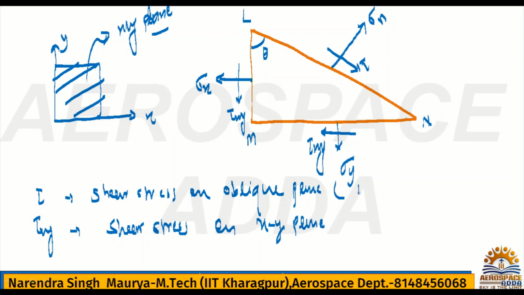So on oblique plane ln we have shear stress, which is nothing but tau. All right, now guys, because this derivation is now going to be very lengthy, if I will take sigma x and sigma y, if you check my previous case, only sigma x and sigma y I had taken and I had derived, so you got sigma n and tau value, right?